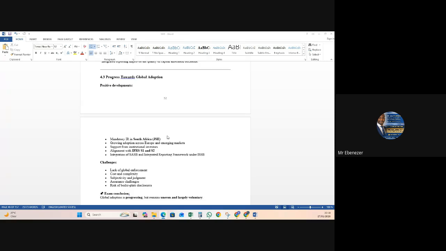Now, the progress towards global adoption of sustainability reporting. In some countries, it is mandatory. For instance, integrated reporting is mandatory in South Africa for those who are quoted on the stock market.